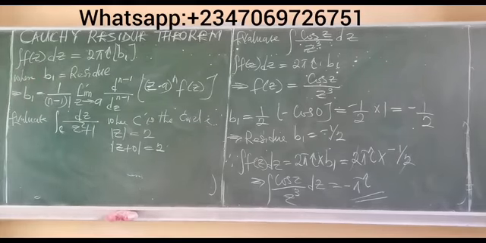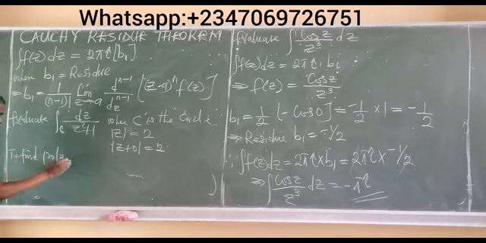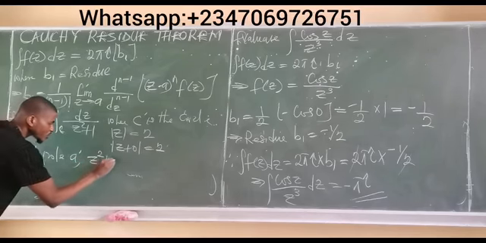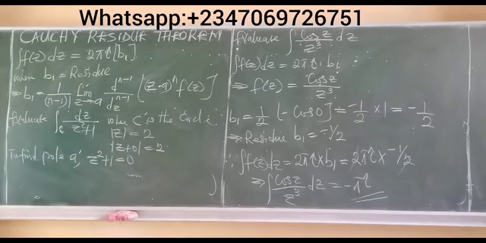So the first thing to do is find the poles and then confirm that the poles fall within the circle before you can solve. Now, to find the poles, remember, you have to equate the denominator to 0. That's the first thing to do. To find the poles, equate the denominator to 0. Alright, to find the poles, therefore we simply set z squared plus 1 equal to 0.